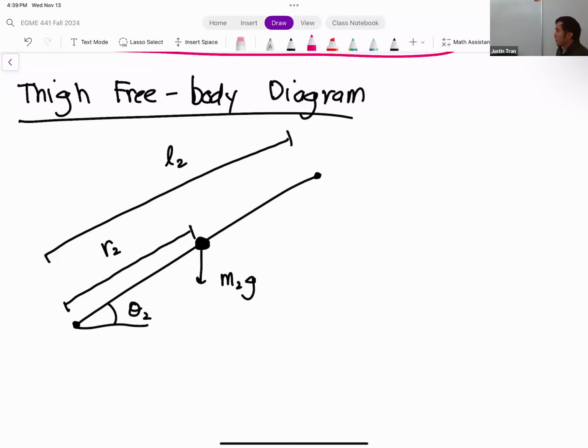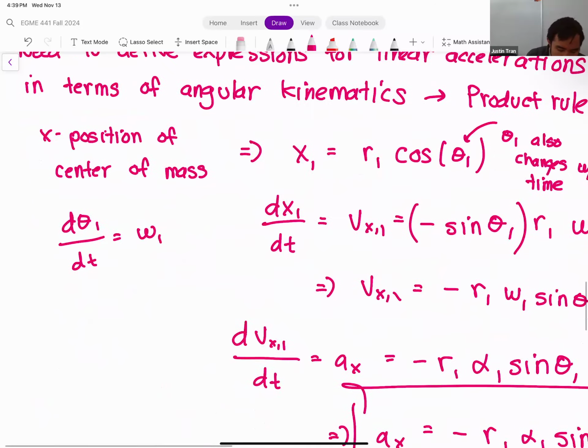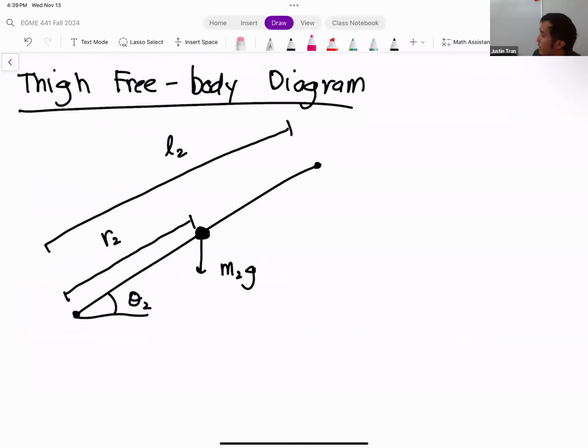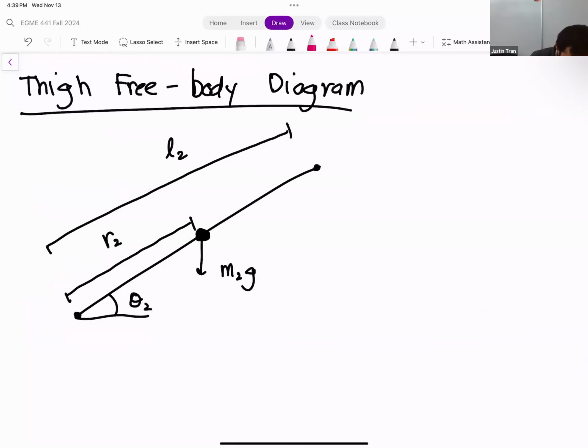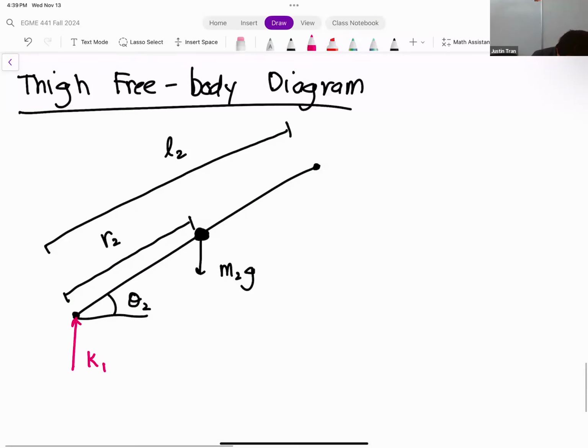Let's go ahead and apply the joint forces that are coming from the knee. Remember, we chose the knee forces to be going in the negative direction for the lower leg, and so we're going to put them in the opposite direction on the thigh. So we have FKY, FKX, both going in their canonical positive direction. And then MK going in, whoops, wrong direction. MK should be going in the counterclockwise direction.